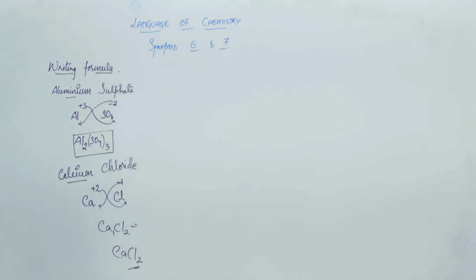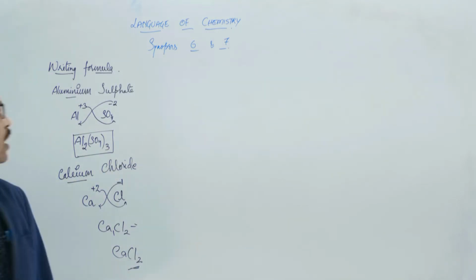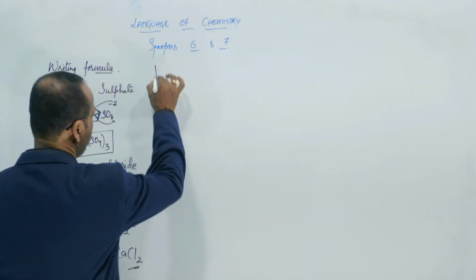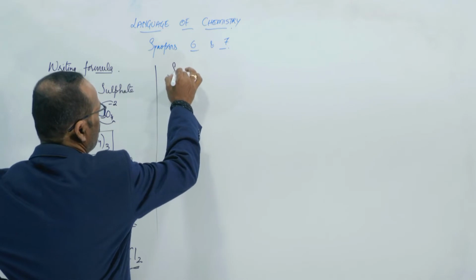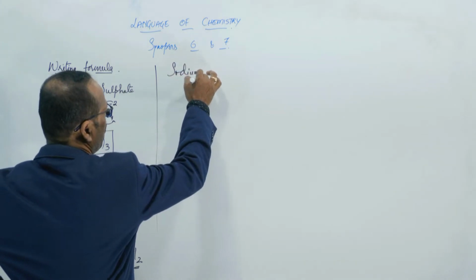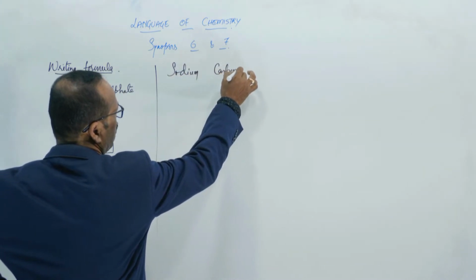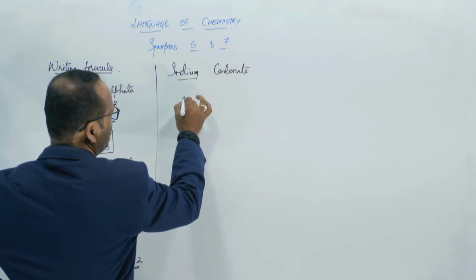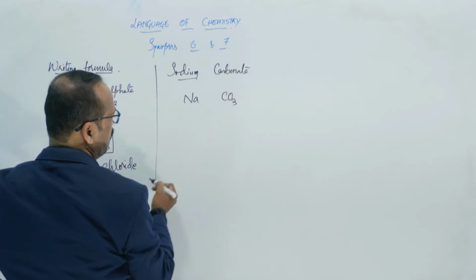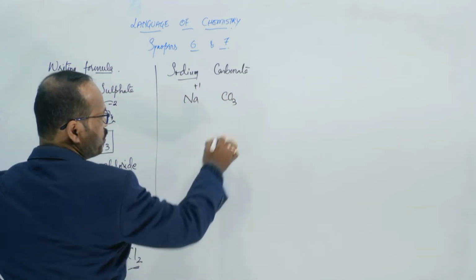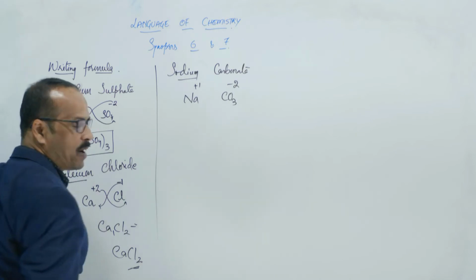Now some more examples. I want to write the formula of sodium carbonate. The sodium symbol is Na, and carbonate is CO3. Sodium valency is +1, carbonate valency is -2.